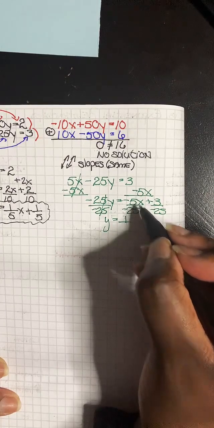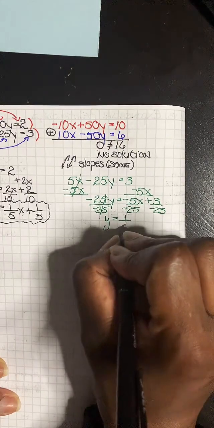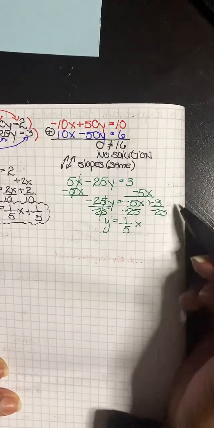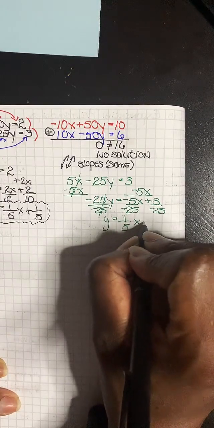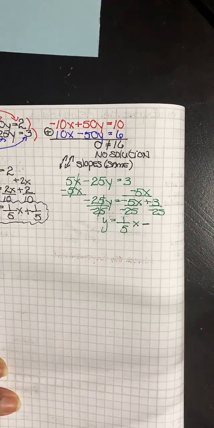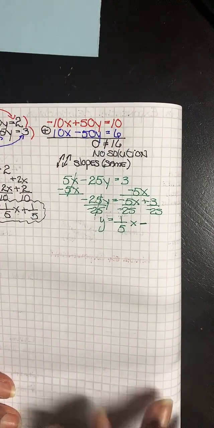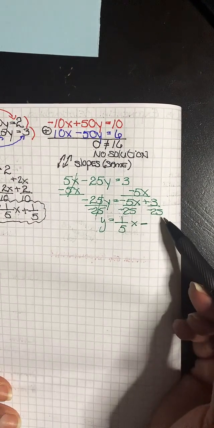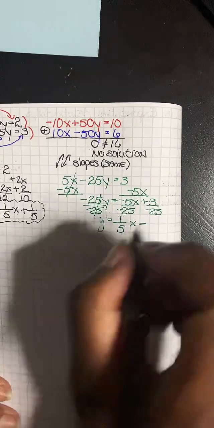So 5 divided by 5 will give me 1, and 25 divided by 5 will give me 5. Okay, a positive divided by a negative gives me a negative. When the signs are opposite, when you're multiplying or dividing, your answer is always going to be negative. Now, 3 divided by 25, the only thing that 3 and 25 have in common is 1.